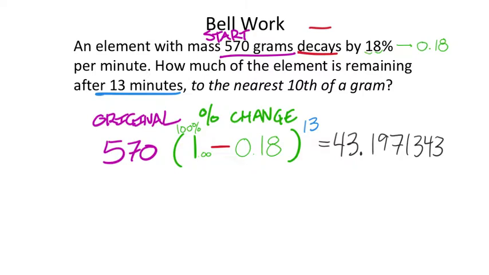It's not very much left, and it's still decaying. But it said to round to the nearest tenth of a gram. The 1 is in the tenths place, and immediately to the right of the 1 is a 9. Since it's 5 or more in the hundredths place, I add 1 to the tenths place, which makes it 43.2, and we'll label it in grams.